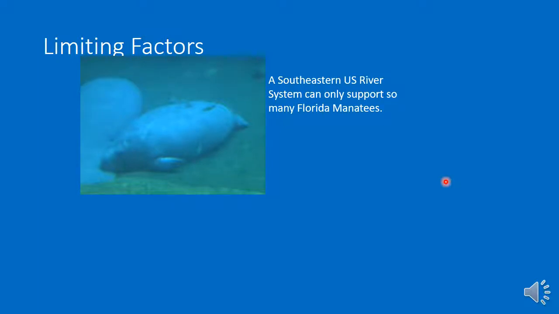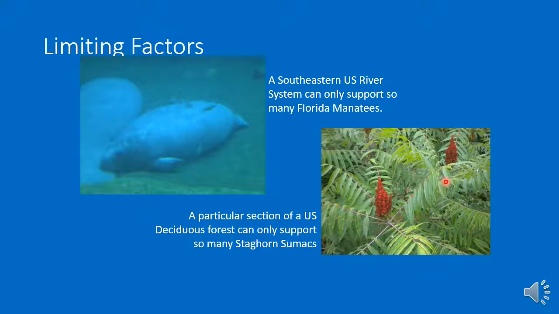But there's only so much water, so much food, so that there's only so many manatees that can exist. Likewise in Kentucky and other parts of the eastern U.S., we have the staghorn sumac. And there's only so many staghorn sumac trees that can grow in an area because the forest can only support so many. So there's going to be limiting factors to this.